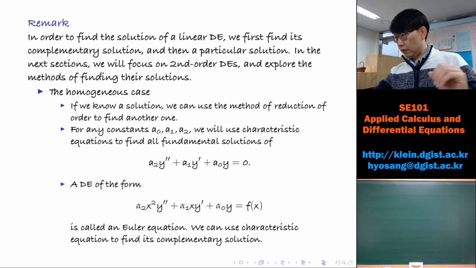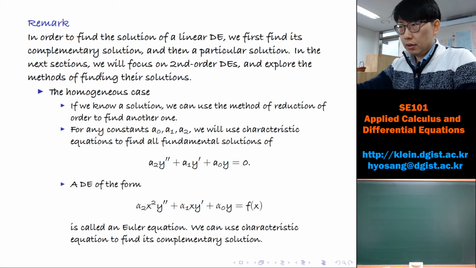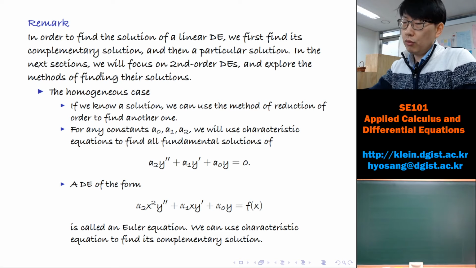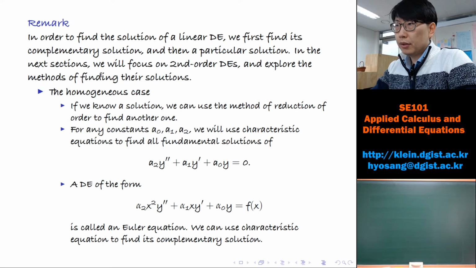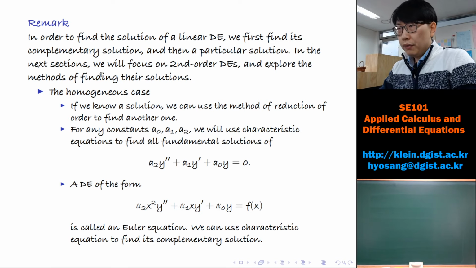Okay, so we're going to learn four main methods. One of them is the reduction of order. But before we start, let's review these four methods. In order to find the solution of a linear ordinary differential equation, and in this chapter we talk only about second order linear differential equations, we first find its complementary solution and then a particular solution.